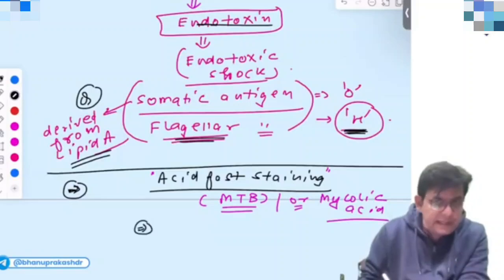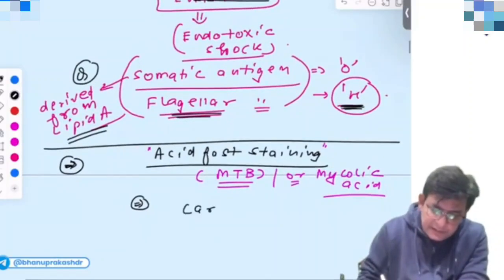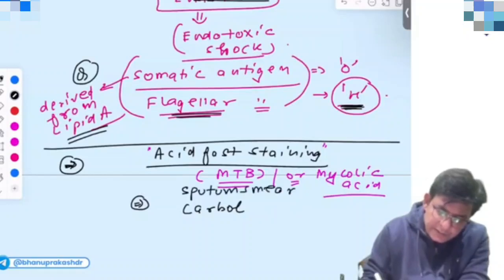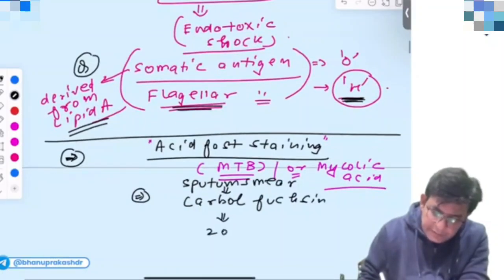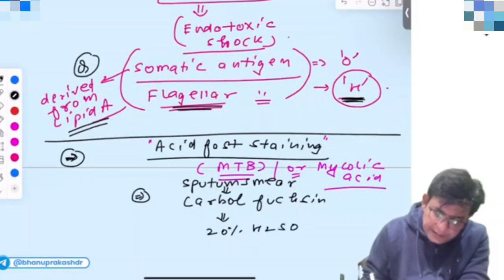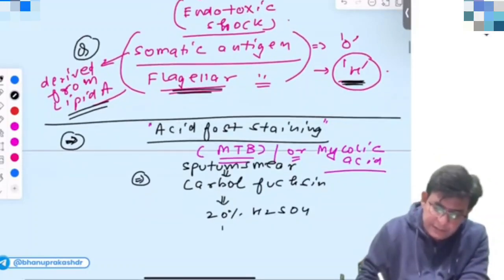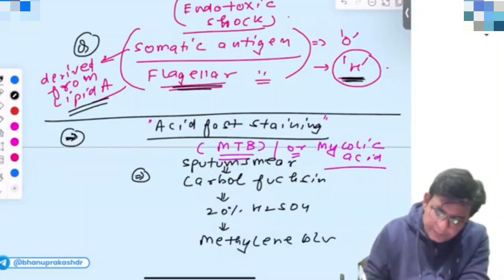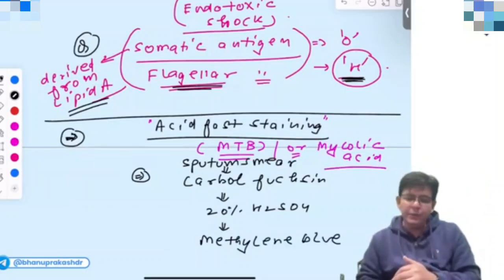So in this, what is the sequence? First of all, you have the sputum smear. Then the carbol fuchsin. Then for TB you use 20% H2SO4. And then you have methylene blue.